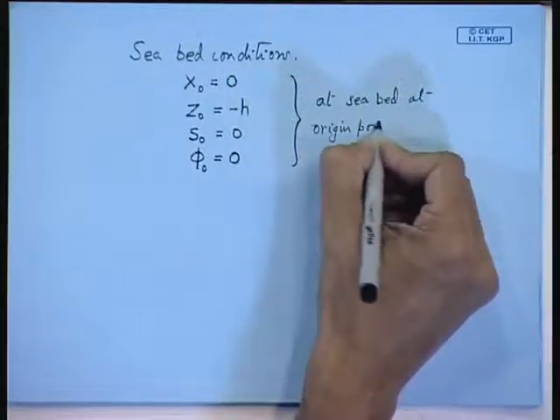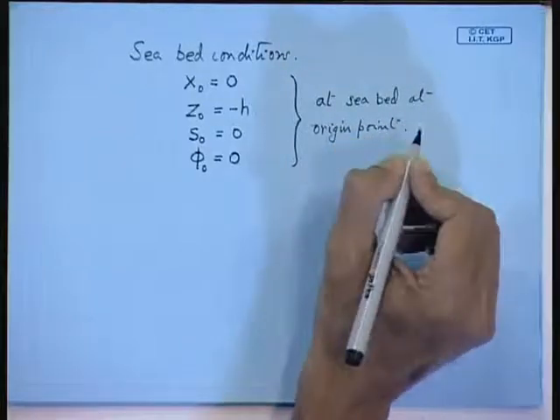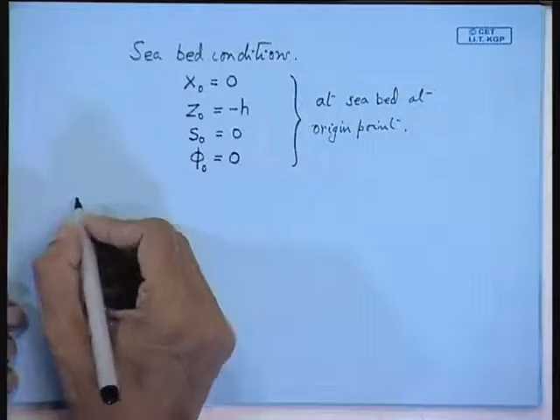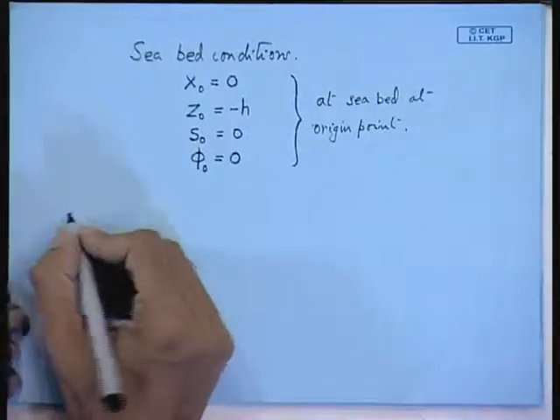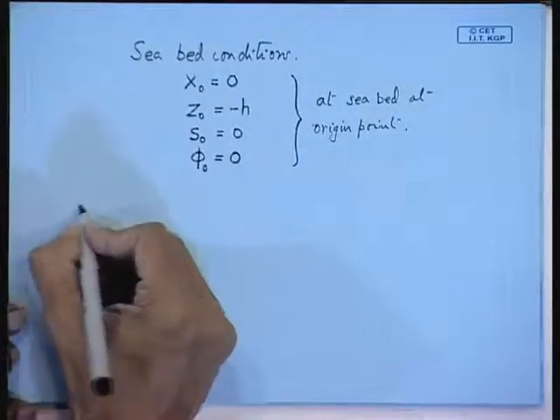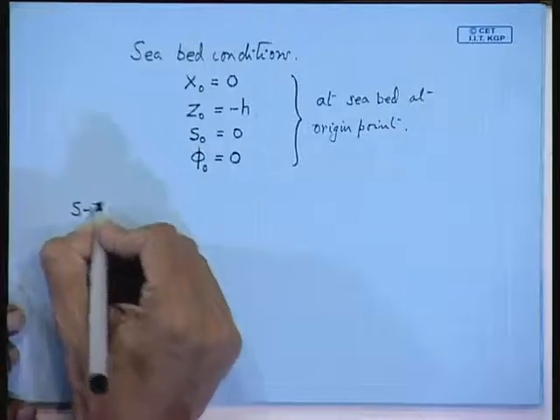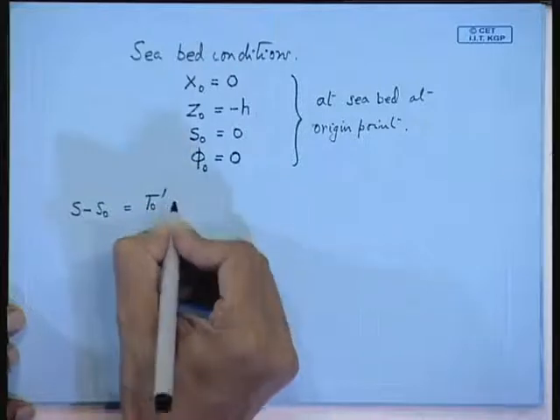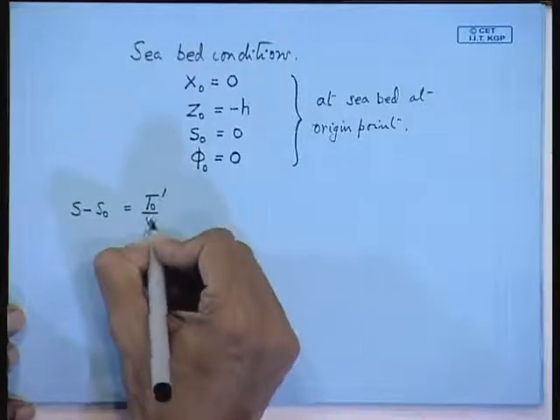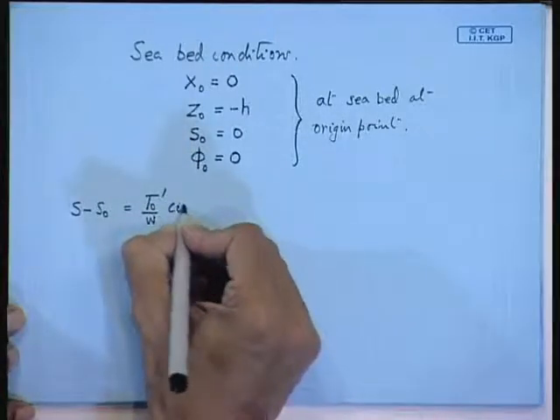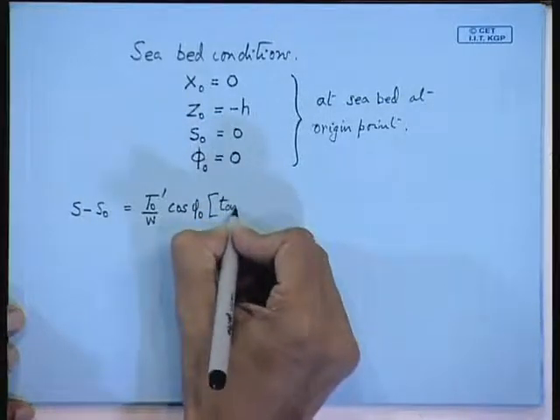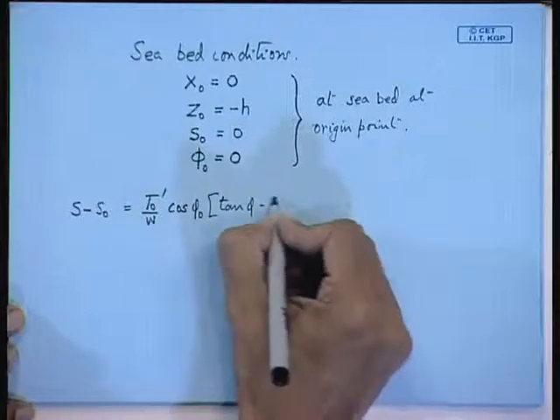I think you could make this clear actually. So, from this we have derived the equations for the length. We have put in the boundary conditions and we have got that s minus s naught is equal to T prime 0 over w cos phi naught, into tan phi minus tan phi naught.